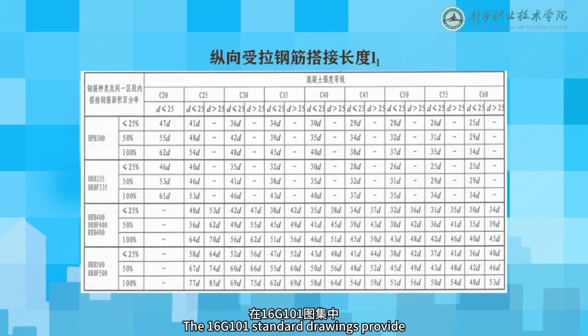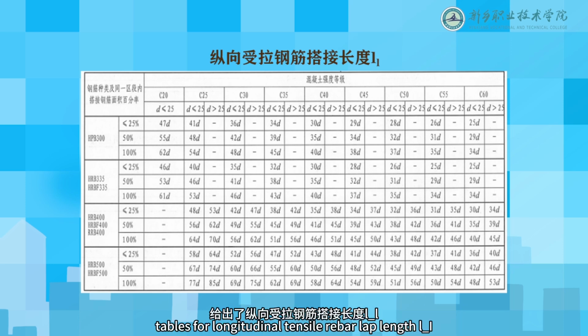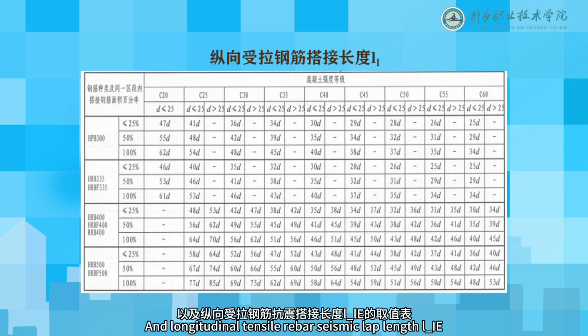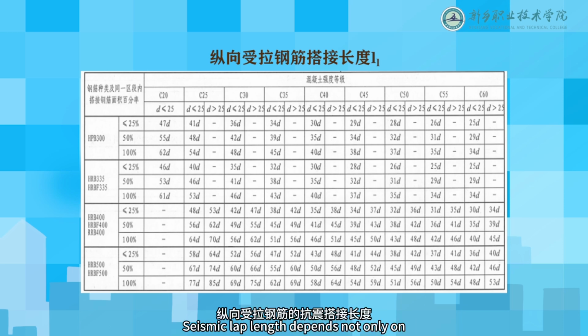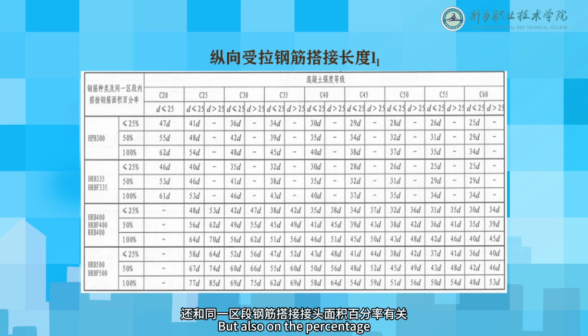The 16G101 standard drawings provide tables for longitudinal tensile rebar lap length L_l and longitudinal tensile rebar seismic lap length L_lE. In the longitudinal tensile rebar lap length table, we can see seismic lap length depends not only on rebar grade, concrete strength and diameter, but also on the percentage of lap splice in the same zone.